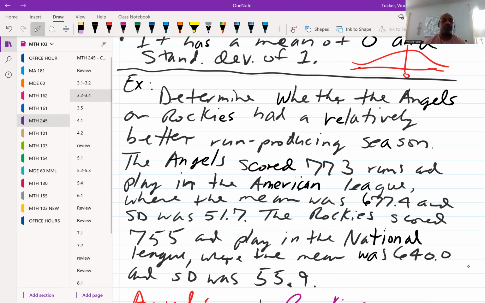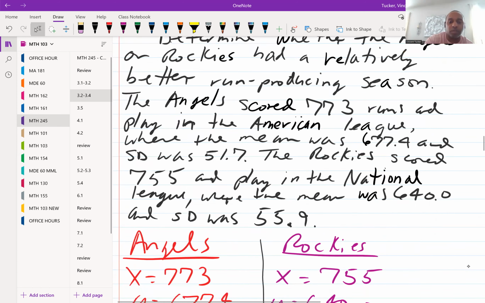So we're going to convert the Angels' runs to a z-score based on the American League, and the Rockies to a z-score based on the National League. We do both of them individually.